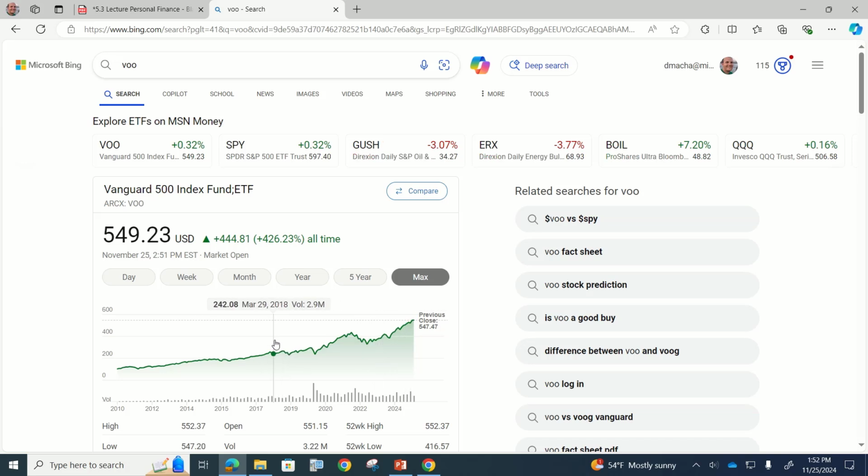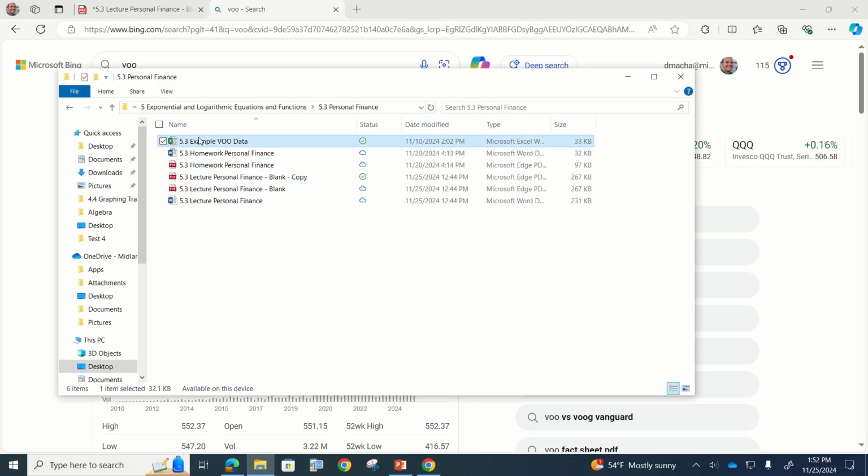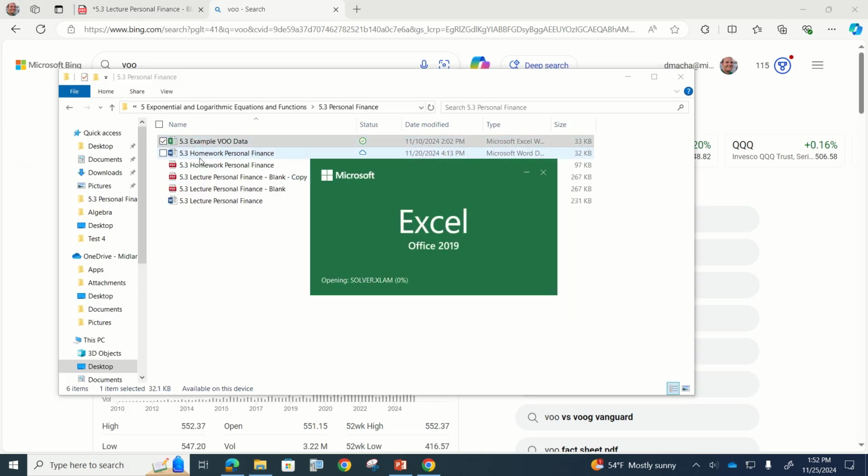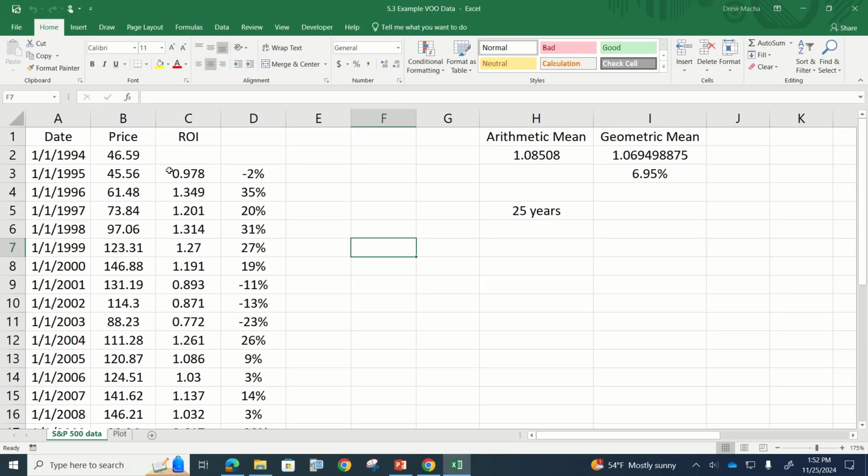Okay, still, you can download this data. And I've got a little Excel spreadsheet where I downloaded the data. And I'll point out 2 numbers from this list. The first is that in January 1st of 1994, the price of a share of VOO was $46.59.